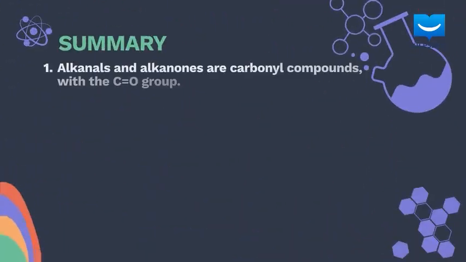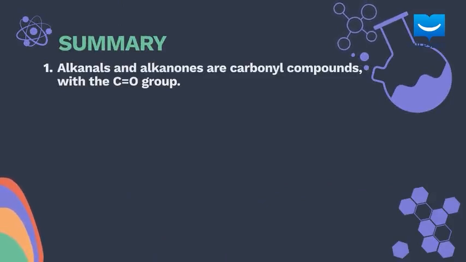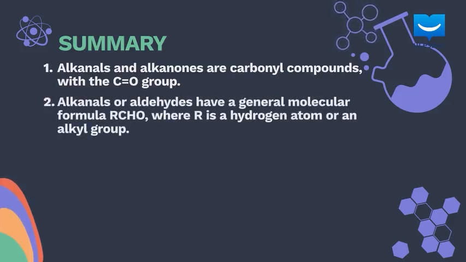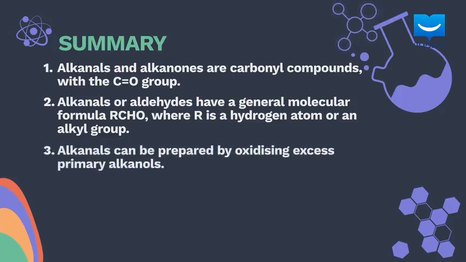Let's give a recap. Alkanals and alkanones are carbonyl compounds with the C=O group. Alkanals or aldehydes have a general molecular formula RCHO, where R is a hydrogen atom or an alkyl group. Alkanals can be prepared by oxidizing excess primary alkanols.